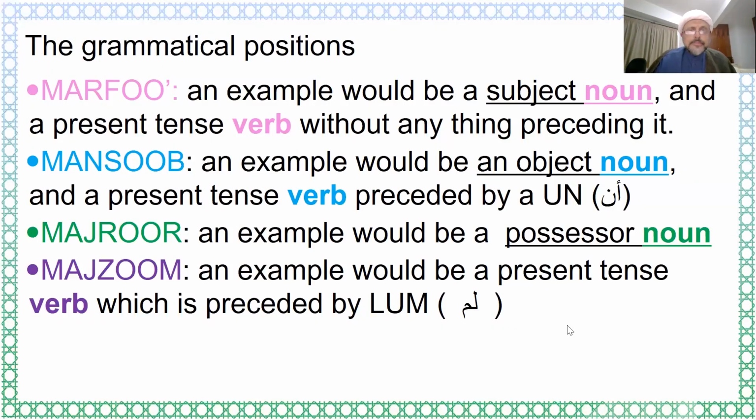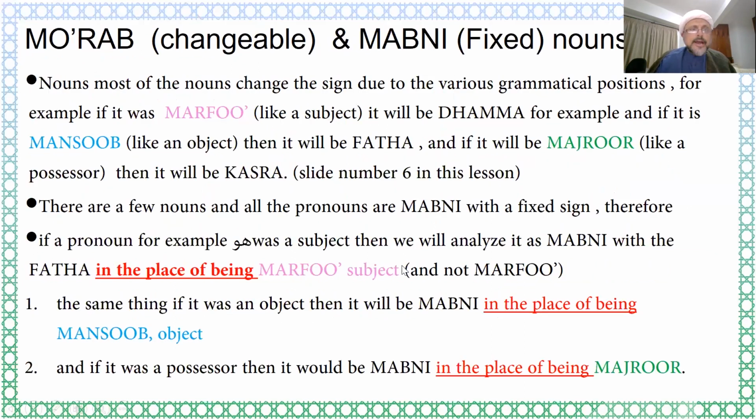Okay, so now the second slide is what I spoke about, mabni and mu'rab. Most of the nouns are changeable. For mu'rab, we will normally say this noun is marfu', this noun is mansub, this noun is majroor. But for mabni, how will we say it?